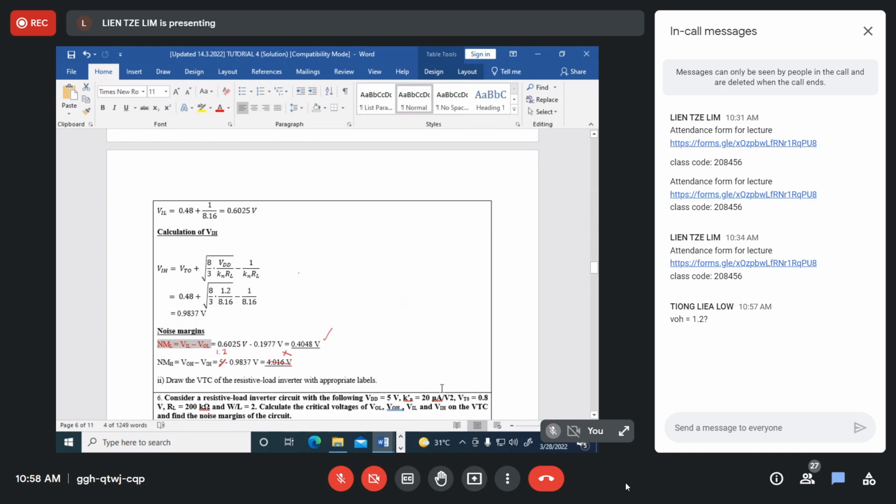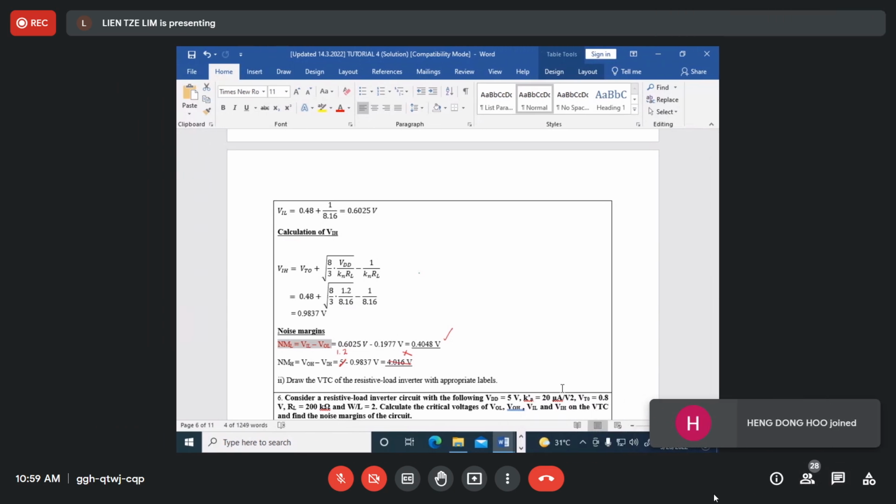For this one, I think there is no more issue, just some corrections. This correction must be made.